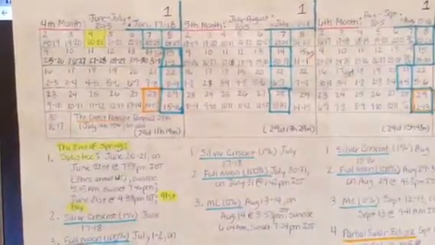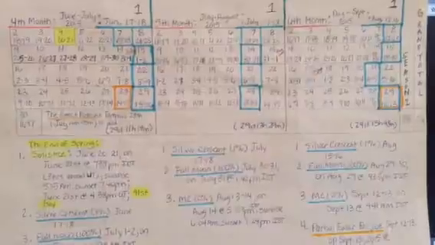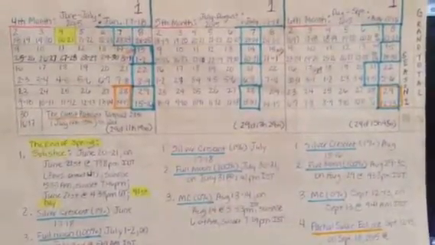Again, you can see how I was tracking the equinox and the solstice, as well as my lunar months and the quarter phases of the moon. So let me go to the next sheet.